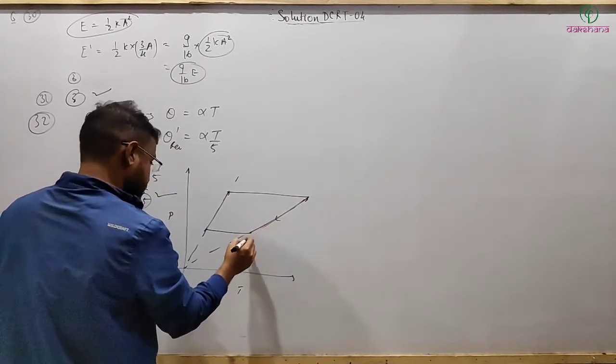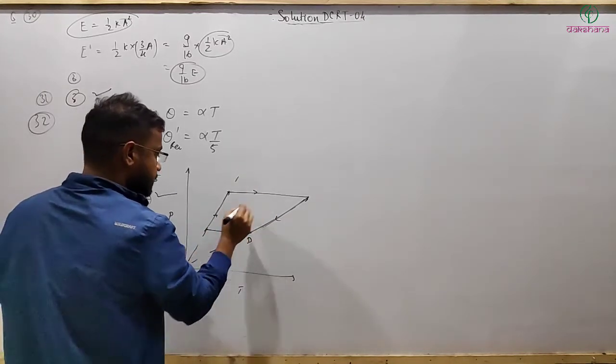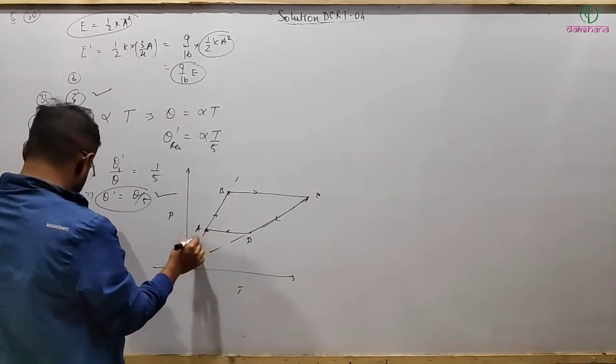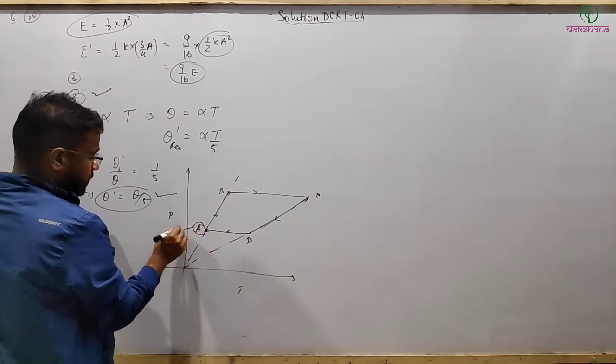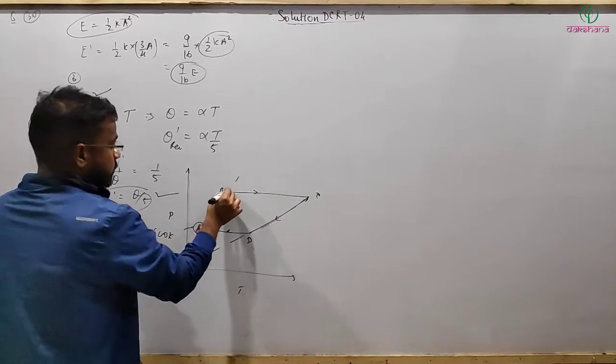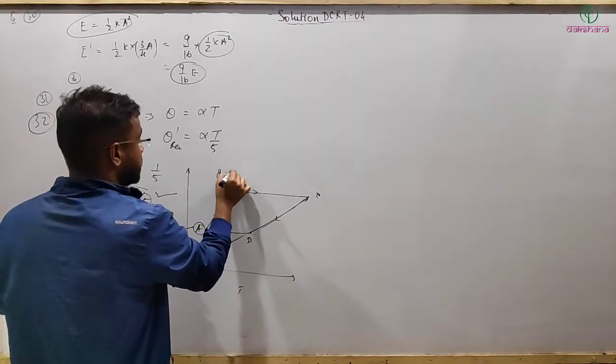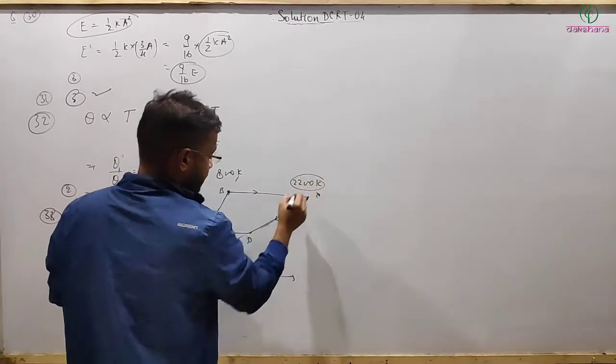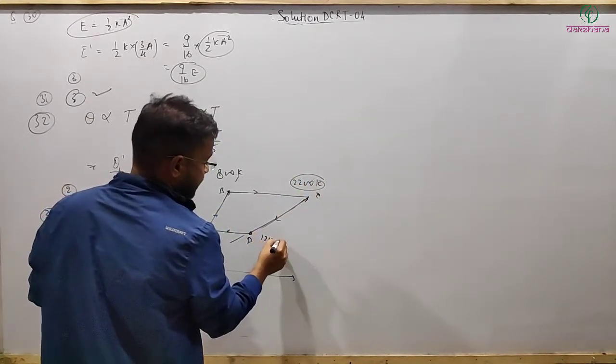It's starting from here, D, then A, B, C. And temperature here is given as 600 Kelvin, TA is 600 Kelvin. TB is given as 800 Kelvin. This is 2200 Kelvin, and here it's 1200 Kelvin.